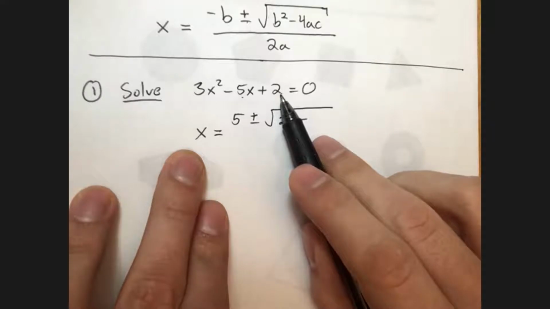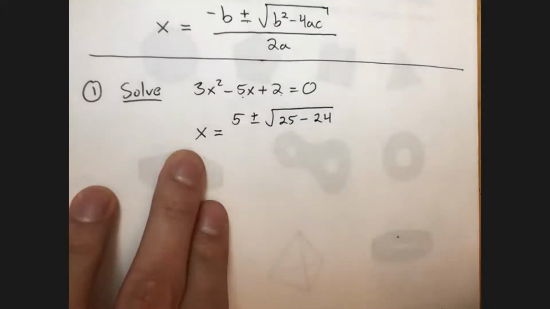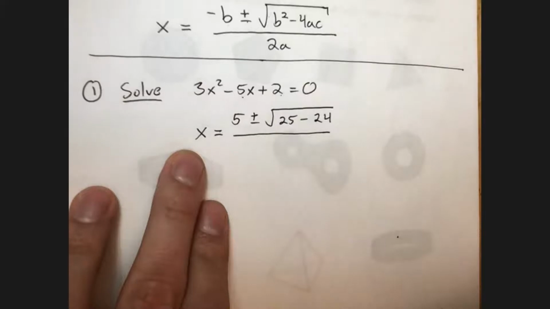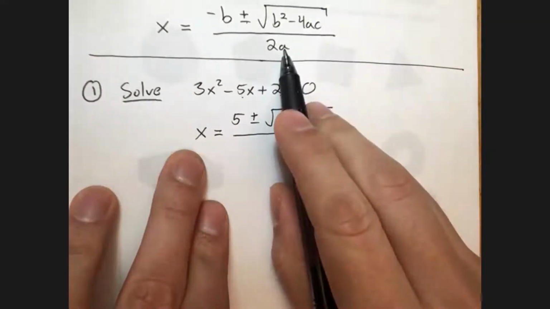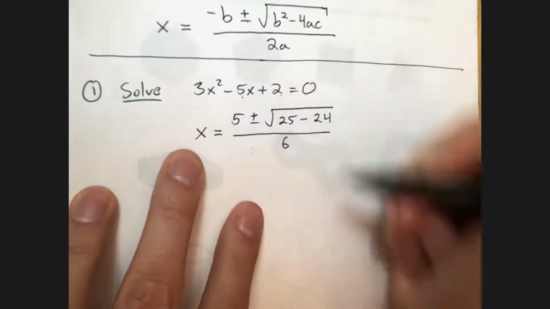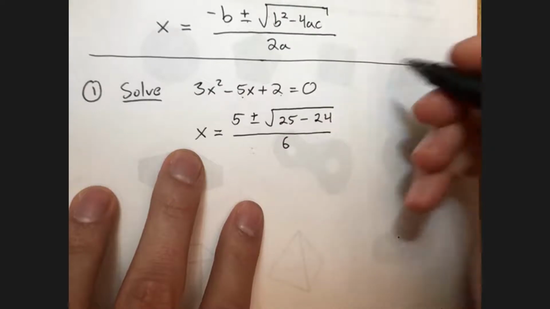That is 24. Okay. Divide by 2a. a was 3. 2 times 3 is 6. So those are answers, but we can simplify this quite a bit.